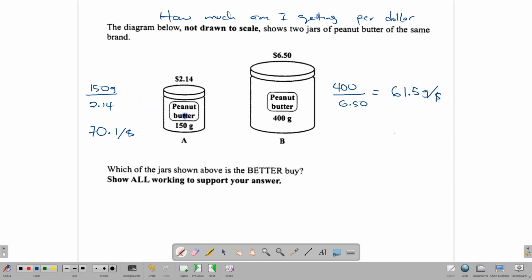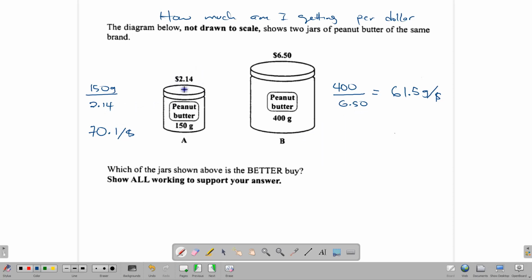So when you buy the small one, the 150 gram, you are getting 70.1 grams per dollar. And when you buy the larger one, you are getting 61.5 grams per dollar. Now, the obvious thing here is that we want more peanut butter per dollar spent. So the better deal is buying the small one, since we're getting more for each dollar spent.